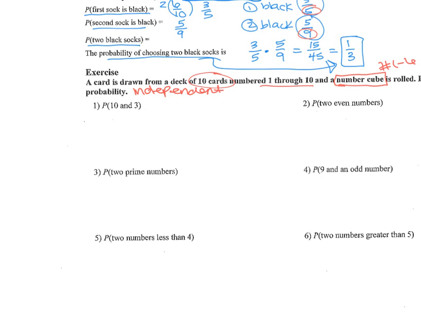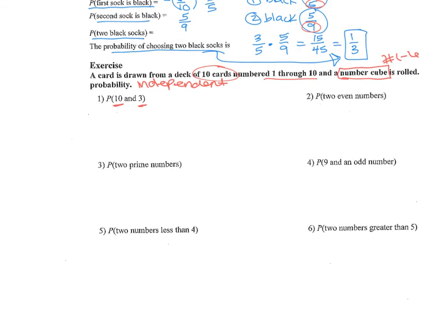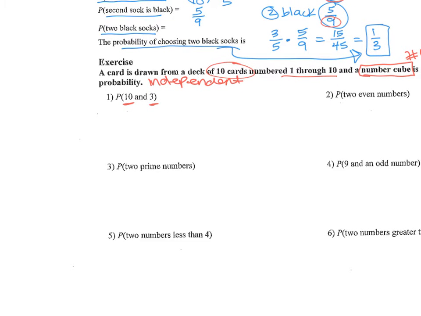So number 1, the probability of pulling a number 10 card and a 3 on a die. Do them separately. Look at 10 first. What's the probability of pulling the number 10 card out of that deck? 1 out of 10.